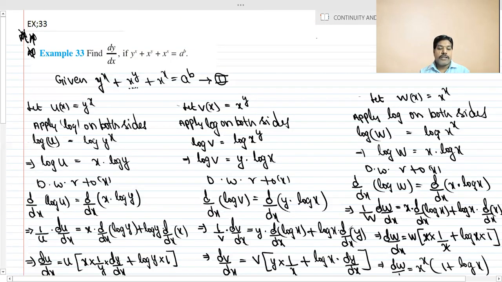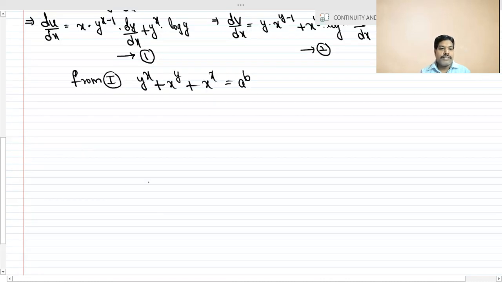What is this function, students? This value is nothing but u of x plus v of x, and this function we take as w of x, is equal to a power b.